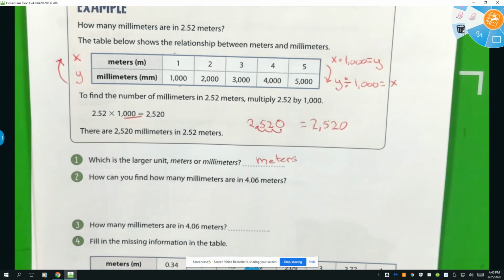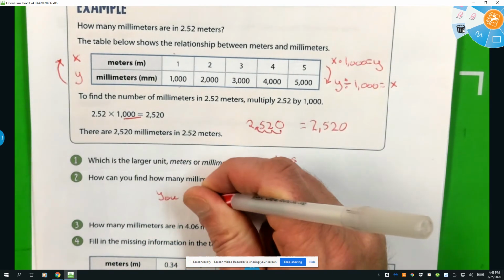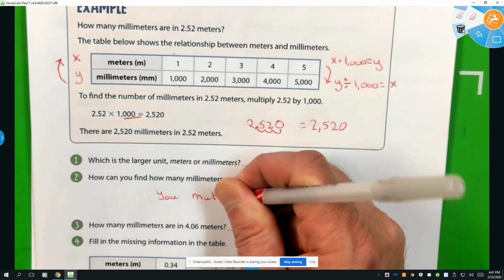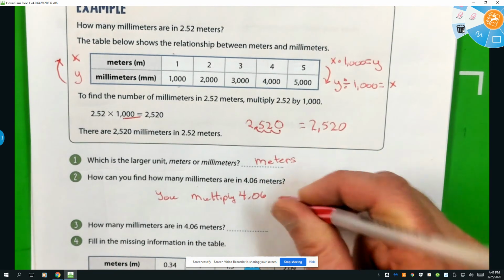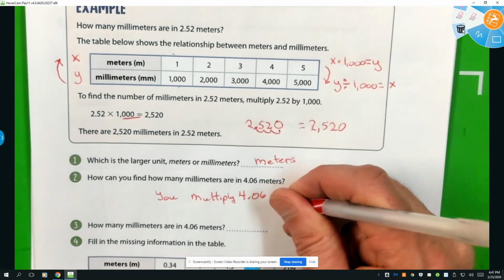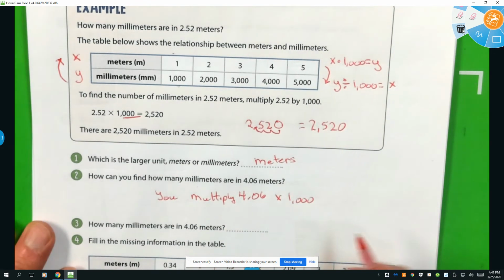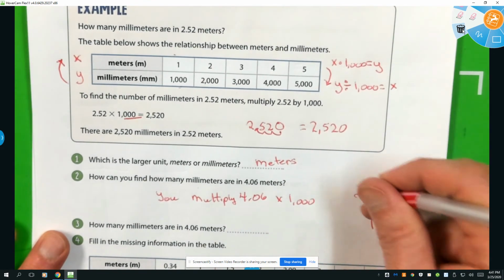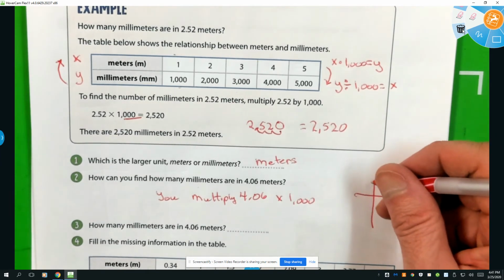All right, I'm hoping you said you multiply 4 and 6 hundredths meters times 1,000. Because remember, for every 1 meter, there's 1,000 millimeters.